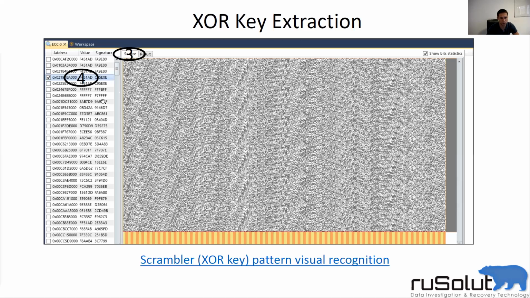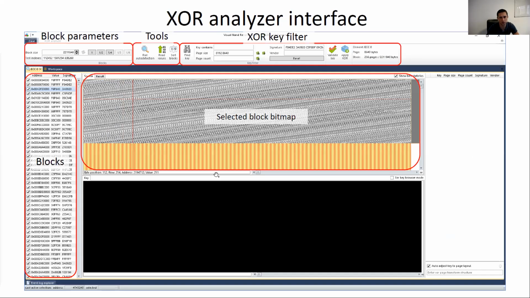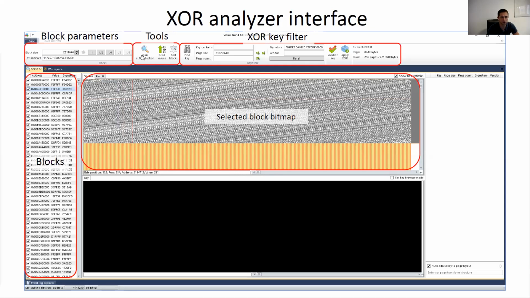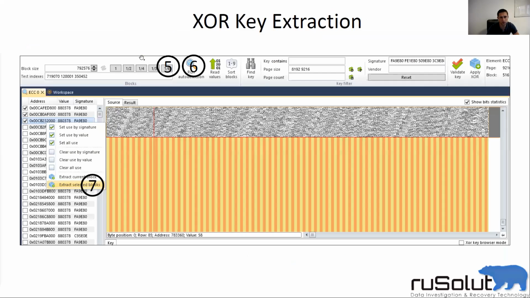So if you have just 1 block with many keys inside, it's much better to divide the block size for testing by the number of keys that you can see in 1 block, and then run auto detection again. As a result, you'll get such a small key here.